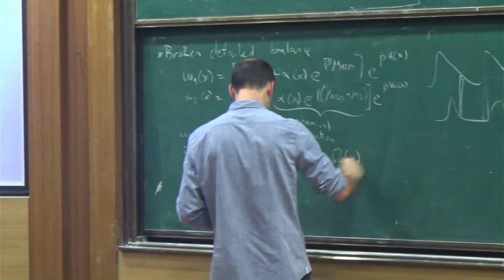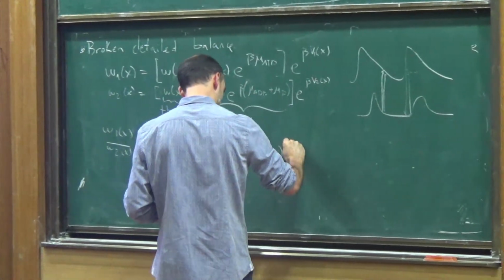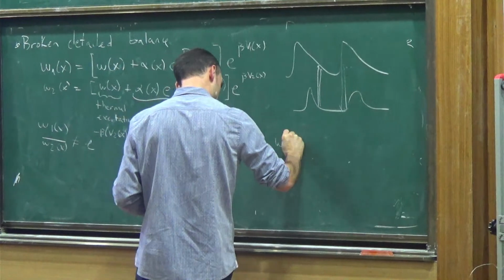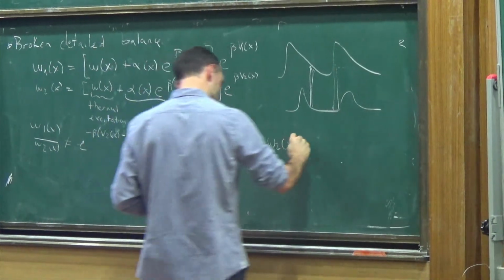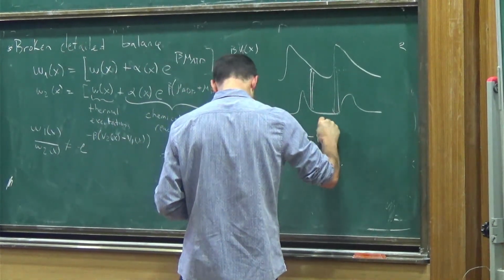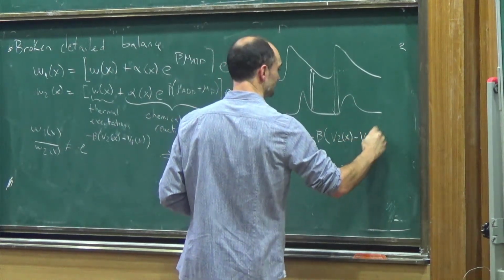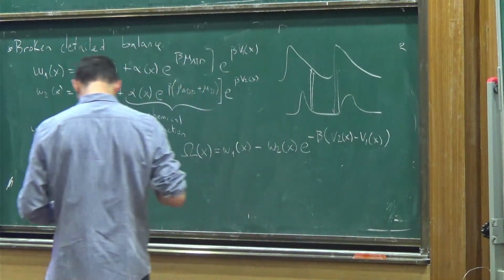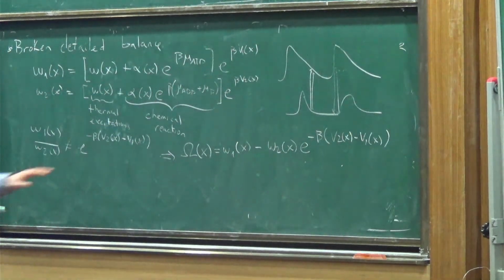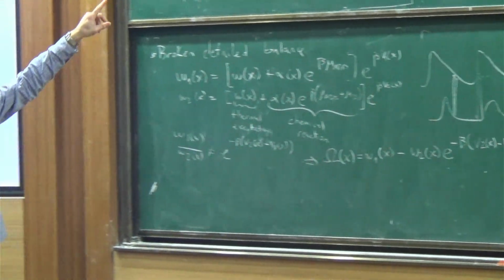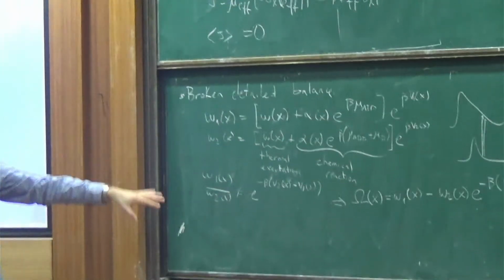I'm really following the notation of this review. Omega is omega 1(x) minus omega 2(x) e to the minus beta (V2(x) minus V1(x)). If you plug in the rates from detail balance, omega will be zero.